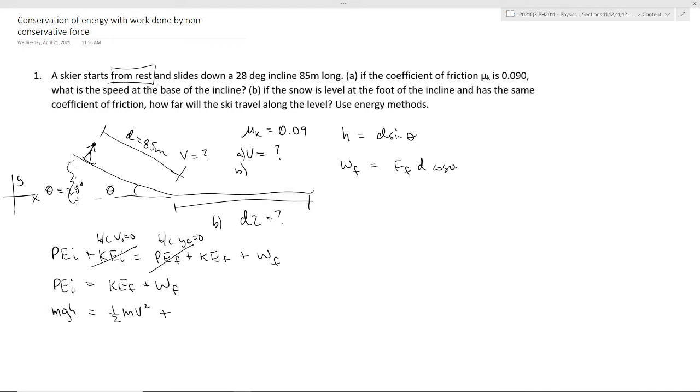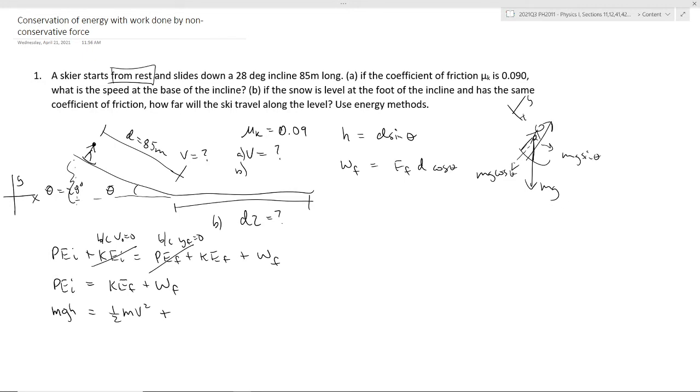Let's flesh out our free body diagram here. We have our skier. He would have force of gravity pointed down. There would be a component of that perpendicular to the incline, and a component along the incline, thinking back to our incline plane problems.